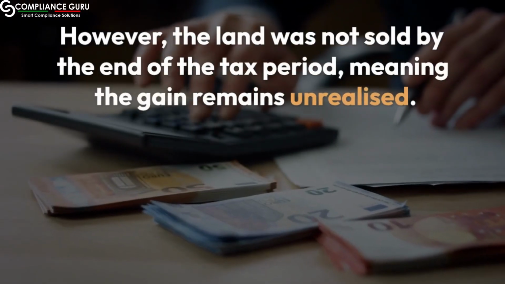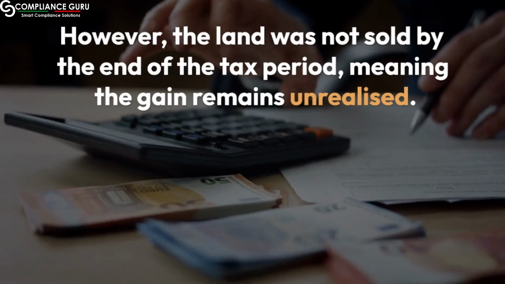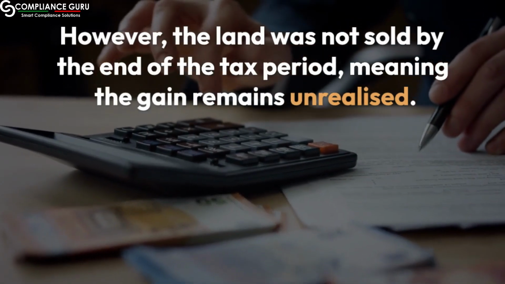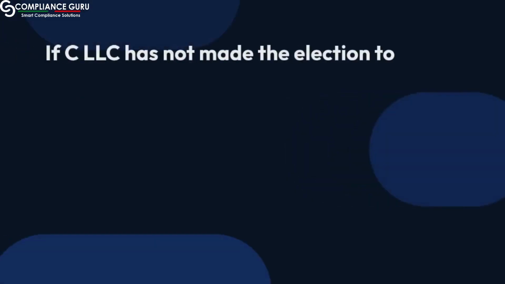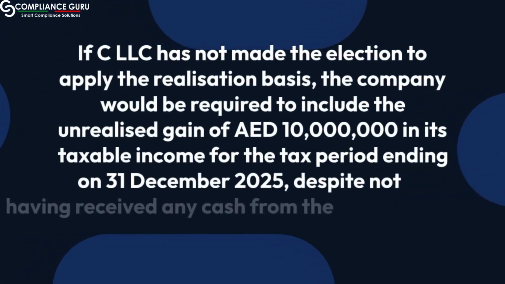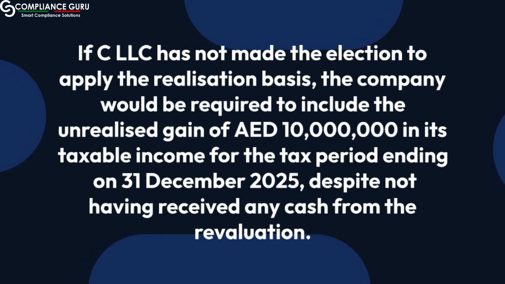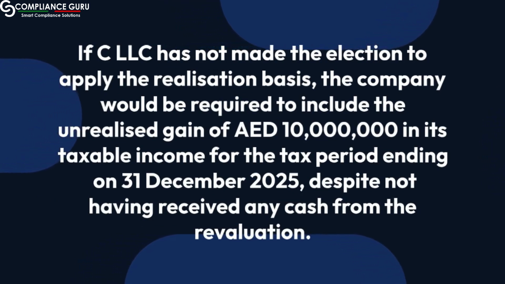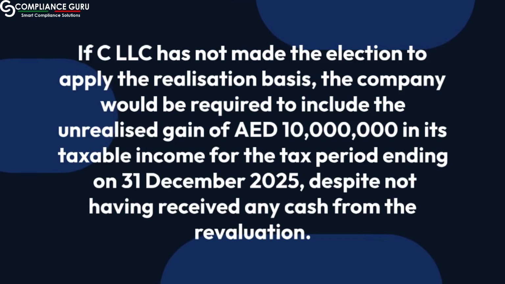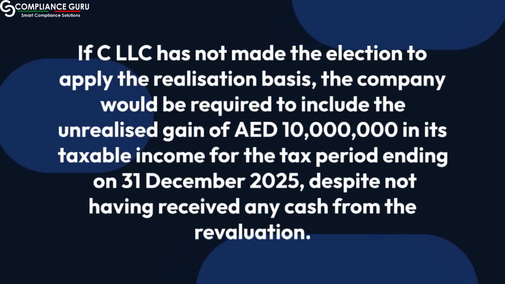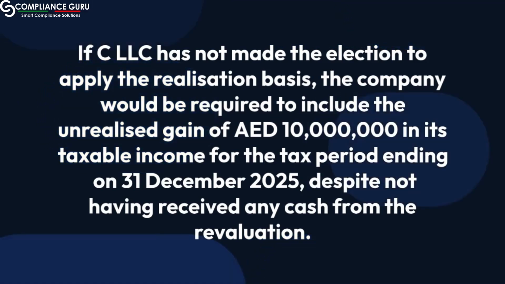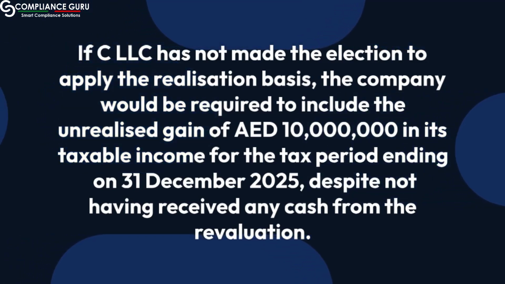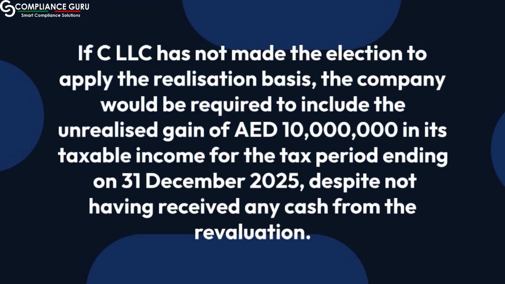However, the land was not sold by the end of the tax period, meaning the gain remains unrealized. Without the realization election. If C LLC has not made the election to apply the realization basis, the company would be required to include the unrealized gain of AED 10 million in its taxable income for the tax period ending on 31st December 2025, despite not having received any cash from the revaluation.